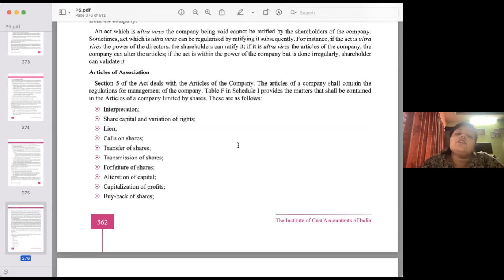Supposing there are shares which still have certain calls that are due, transfer of shares, shares that could be transferred from one person to the next, transmission, by inheritance.